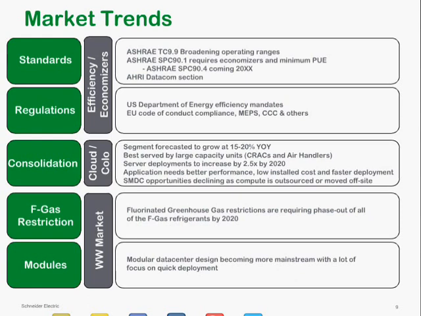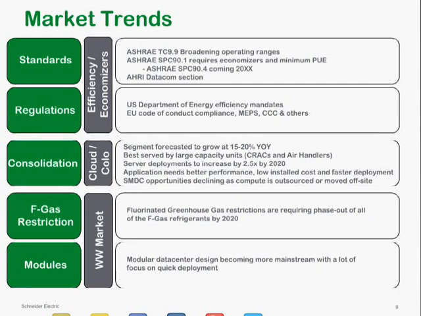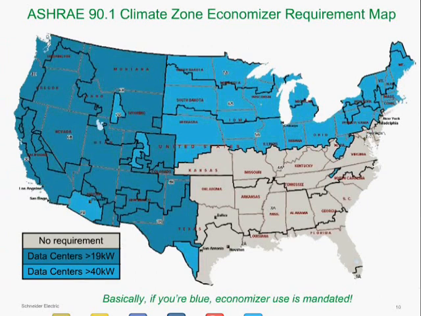So these are all really key market trends, the top three being economizers, migration to cloud and colo, and then this global market trend towards changing refrigerants and changing formats in the data center.